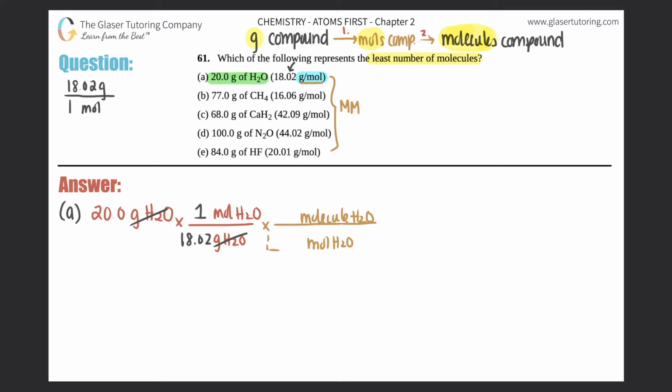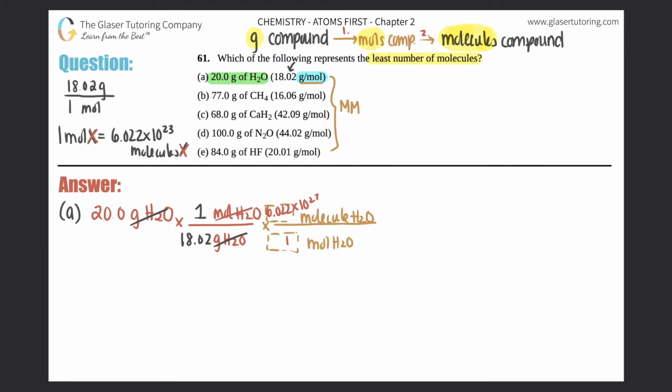And what's the relationship between molecules and moles? That's super important. You guys should know this by now, right? 1 mole of anything equals Avogadro's number, 6.022 times 10 to the 23rd molecules of that compound. And I say X because it could literally be any compound. So 1 mole of H2O is 6.022 times 10 to the 23rd molecules of H2O.